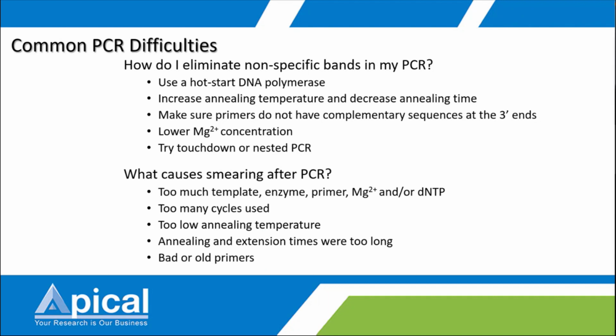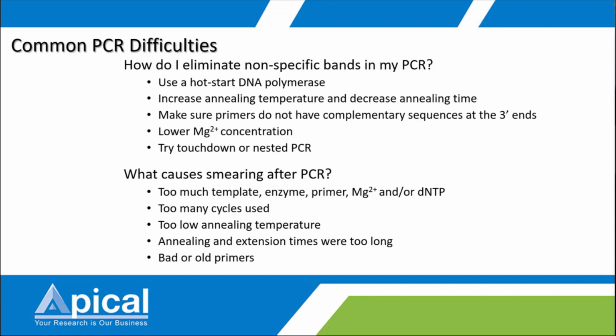Very often, intense background smearing is due to overcycling. This is caused by using too much template, enzyme, primer, magnesium ion, or dNTP, or too many cycles, or too low an annealing temperature.